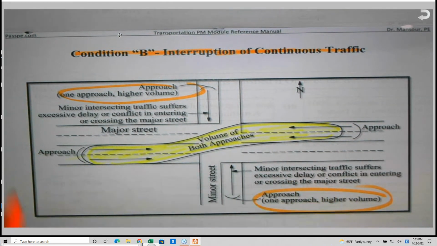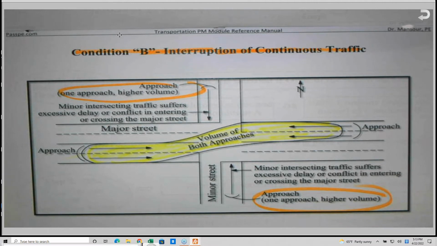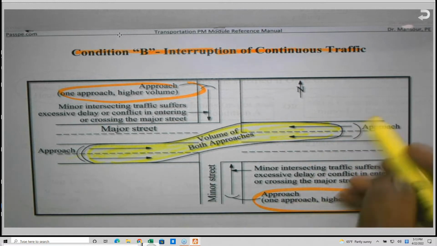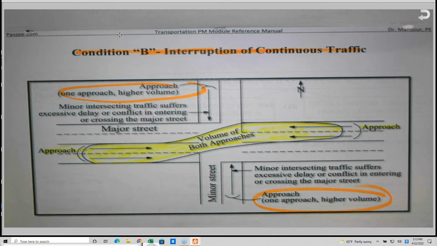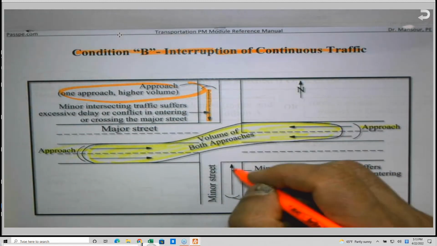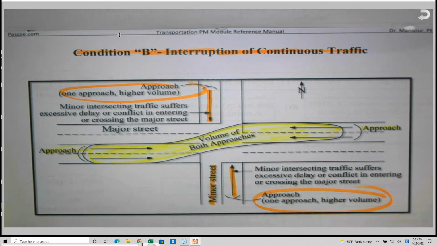But I wrote something here in order to illustrate the logic behind condition B. So this one here is the major, and let me use the colors, the same colors for the minor street.